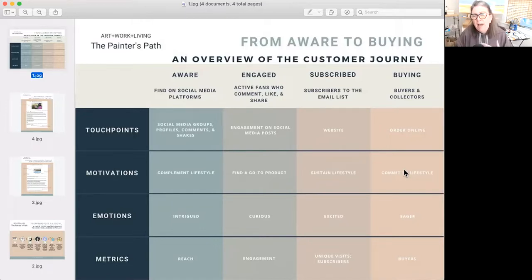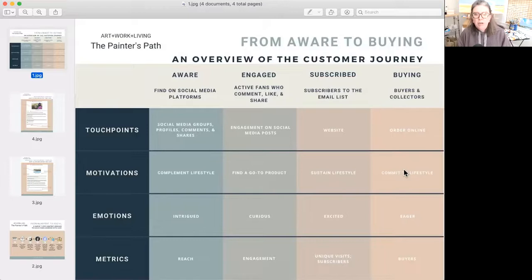It's about having a dedicated list. So what we're going to be talking about in this module is how you go about attracting those ideal collectors and how you go about turning them into your 1,000 true fans. It won't happen in a month. It won't happen in 6 months, but it will happen if you follow the process and you implement the strategy.